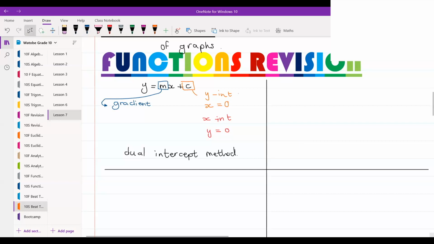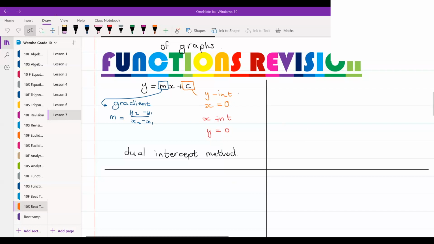It's the gradient. And we know that the gradient can be expressed as M is equal to y2 minus y1 over x2 minus x1, using 2 points. All right, excellent stuff. So we know we need all of these in order to find the equation of the straight line, right?